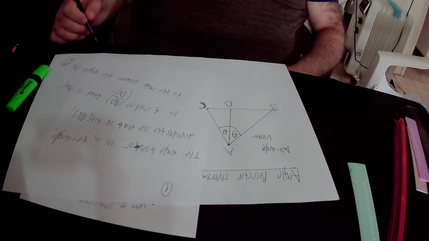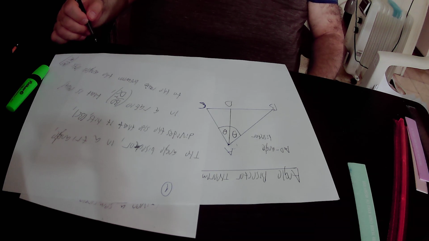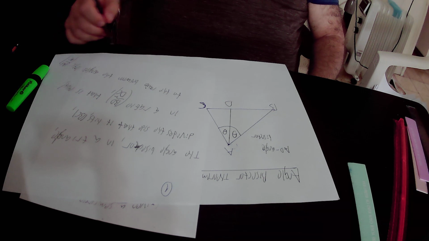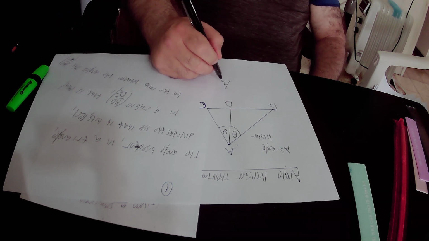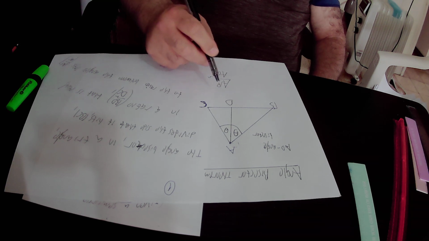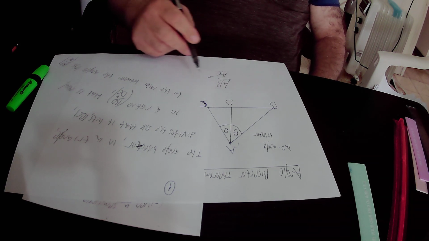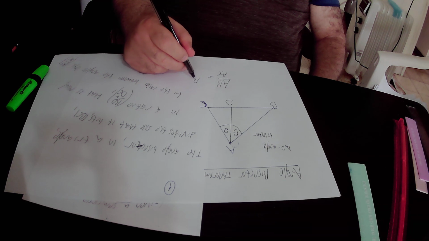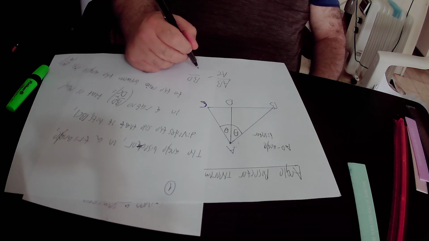So the ratio between those two legs, AB over AC, equals the ratio in which angle bisector AD divides side BC. That is BD over DC. Very simple.